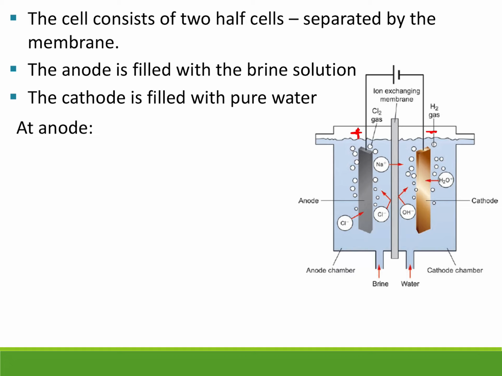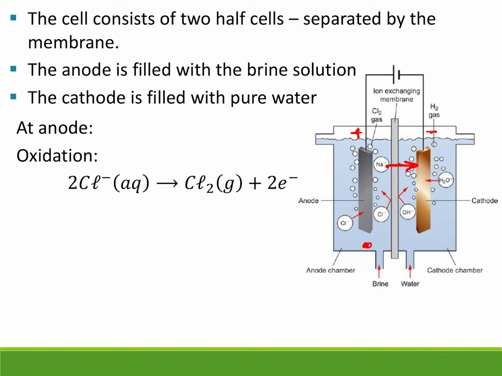All right. So what happens is this. This is the sodium chloride solution. The Na+ ions can go towards the cathode, which is what we want. In the anode part of it, where the brine water is, we will get the oxidation. So we will create the chlorine gas. At the cathode, now we've got Na+ ions and we've got water.